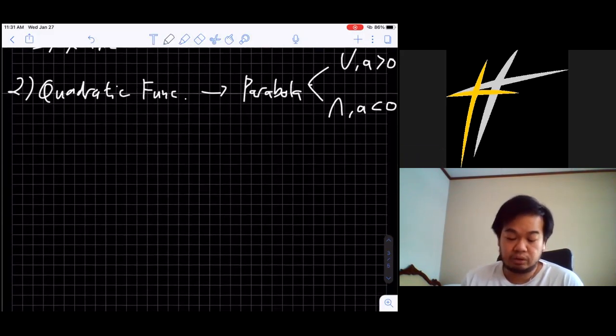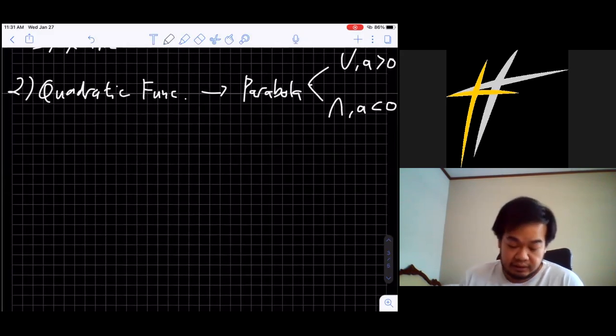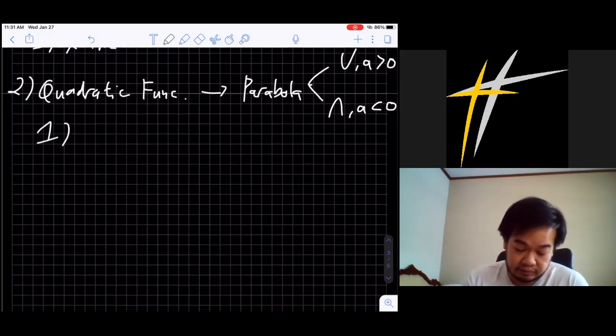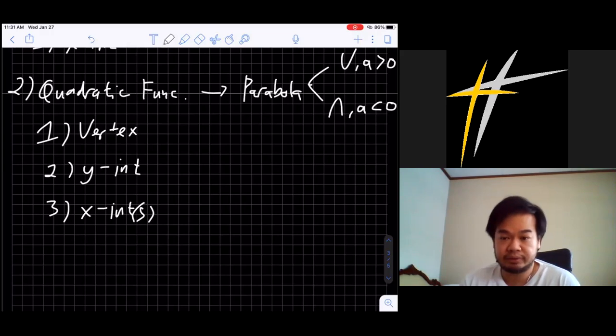And then to sketch a good graph of a parabola, you need the vertex, you need the y-intercept, and if possible, you need the x-intercept. There might be two x-intercepts.